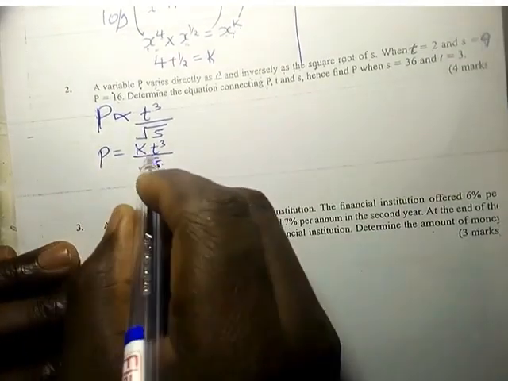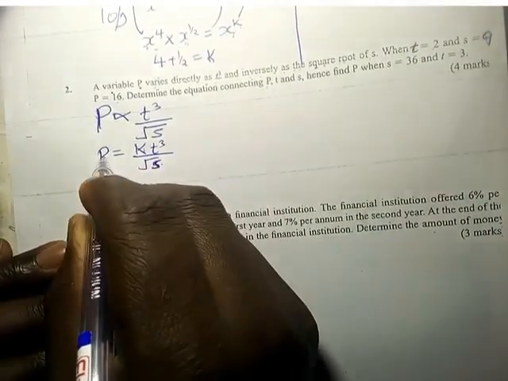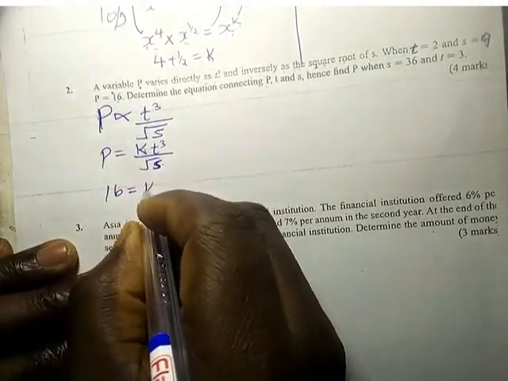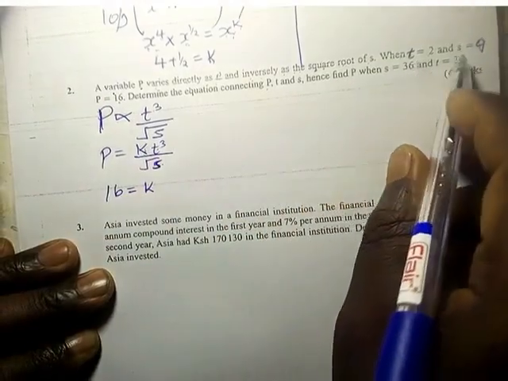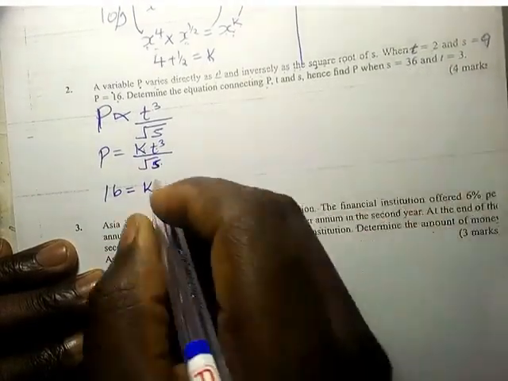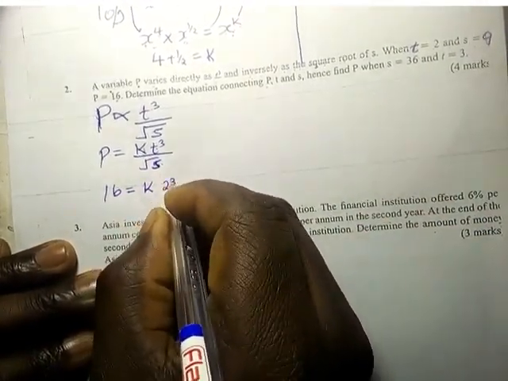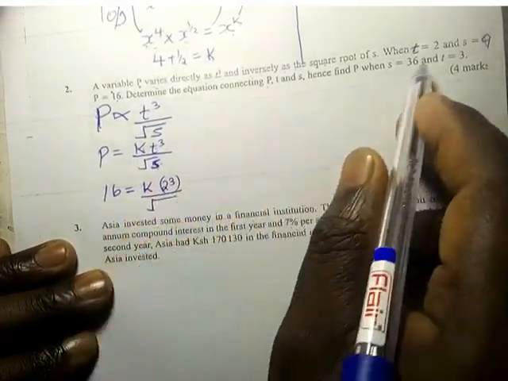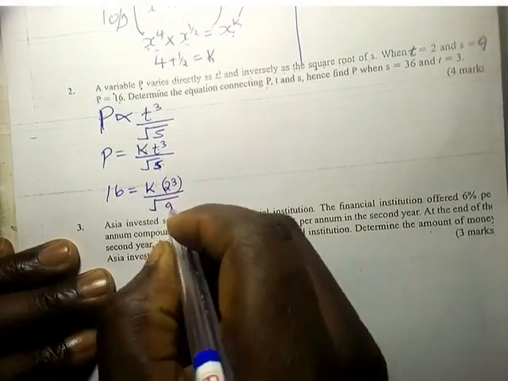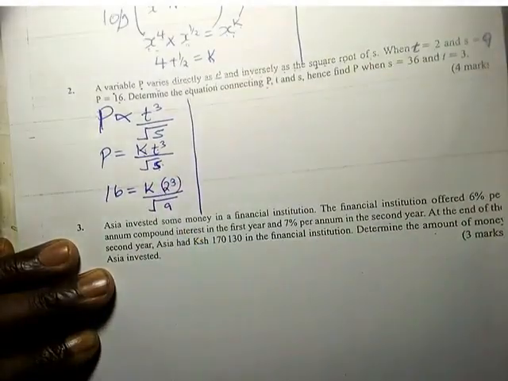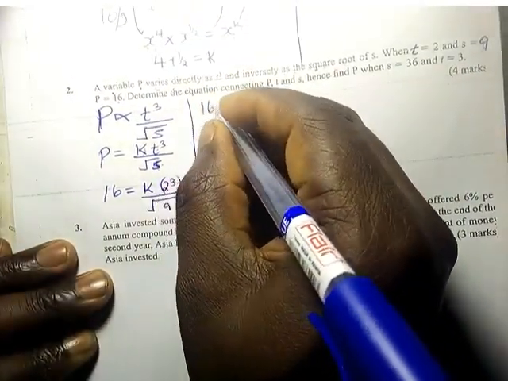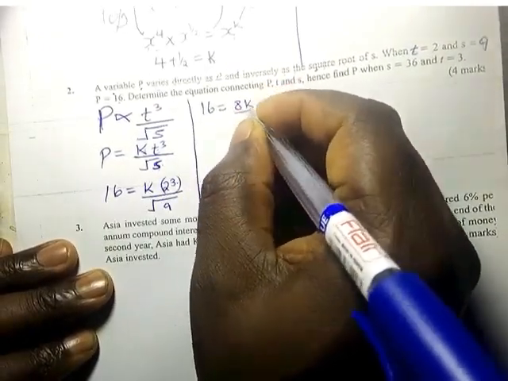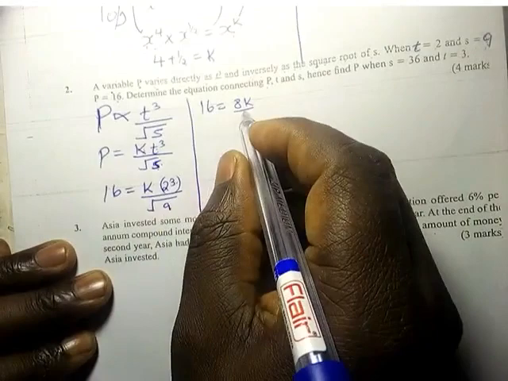So now we want to find the value of k when p is 16. p is 16, k we don't know, t is 2, so we have 2 cube divided by the square root of s, which is 9. So we have 16 equal to 8k divided by the square root of 9, which is 3.